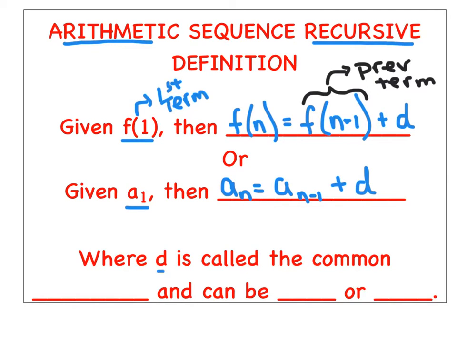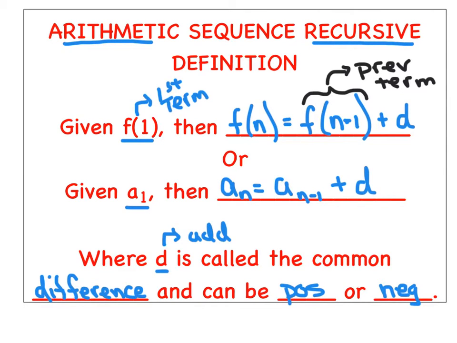And this letter d is called the common difference. It's the difference between two consecutive terms, and it can be either positive or negative. It's basically the amount that we are adding to each term in order to generate the next term.